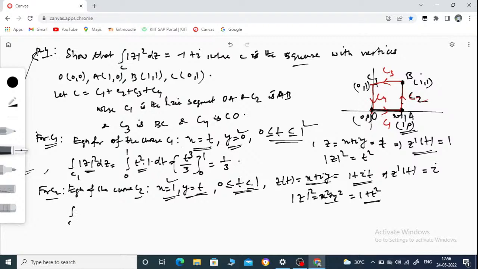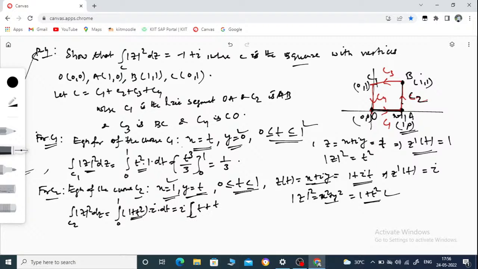So if I take its integration, integration over C2 of mod z square dz, t varies from 0 to 1, and in mod z square I write 1 plus t square, and dz means z dash t dt. So z dash t is i. I can take i outside of this integration, then take the integration of 1 plus t square.